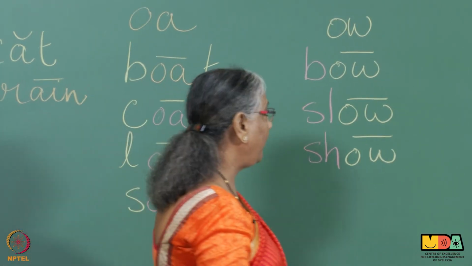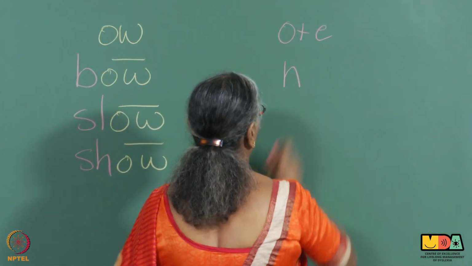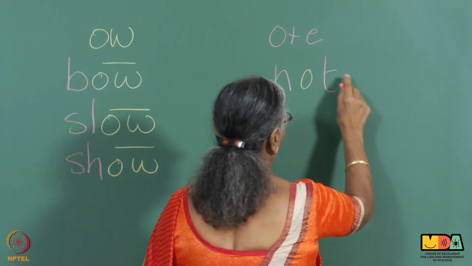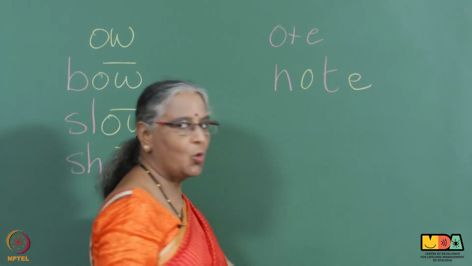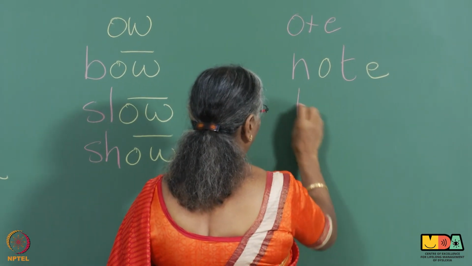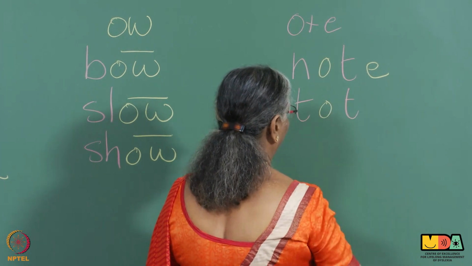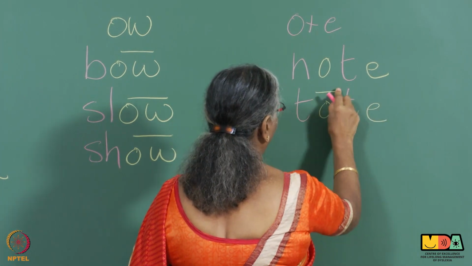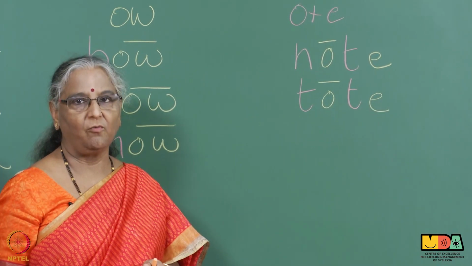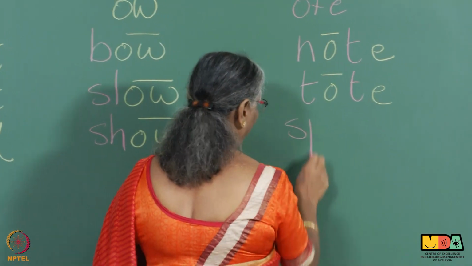Then we have the magic E. We have note. And I am going to indicate that here O is a long vowel sound, like in the word spoke.